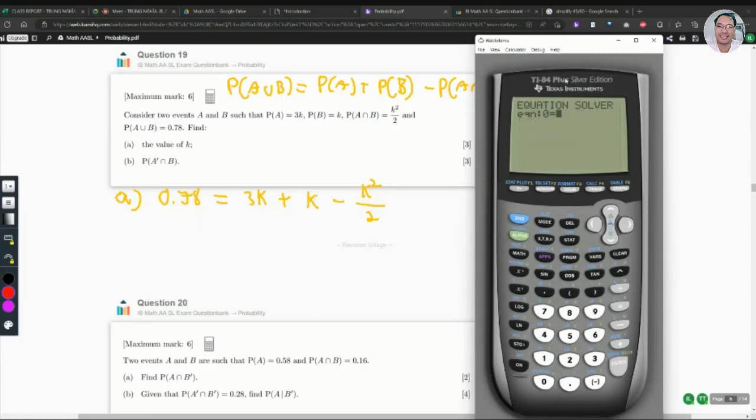For this calculator, one side of the equation is always by default 0. Therefore we need to move the value of 0.78 to the other side. So the first term is minus 1/2 k squared. Here for the minus you need to use this sign, not this minus sign. This minus sign at the bottom here, 0.5, which is 1/2.